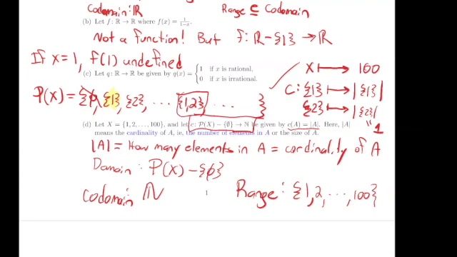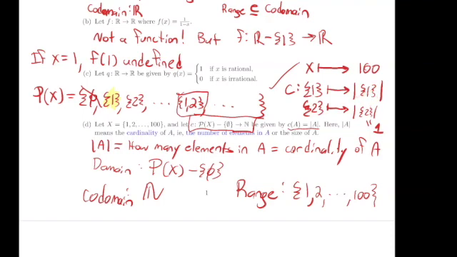The thing that I do want to think about next is that this function is not what we would call one-to-one. It's not an injective map, is really what I mean to say. Some elements, like the set containing 1 and the set containing 2, have the same output. That's not an issue.